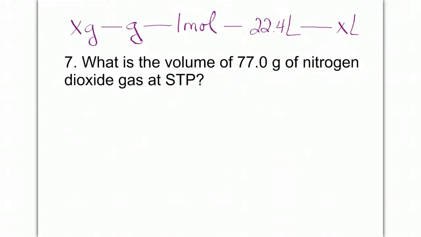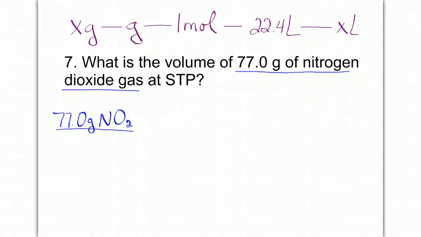We'll do one more example. Number 7 asks what volume is 77.0 grams of nitrogen dioxide gas. So 77.0 grams nitrogen dioxide over 1. Bring down grams of nitrogen dioxide. We want to go from grams to mole.